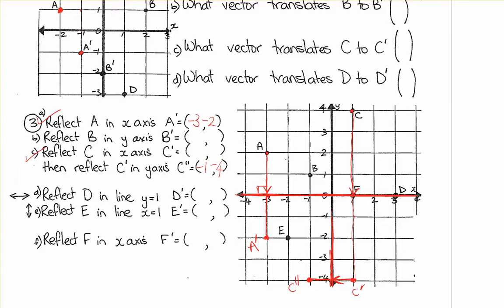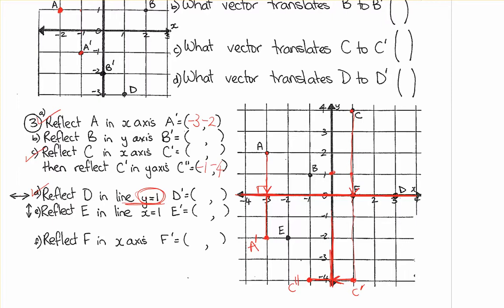Now once we get down to these ones here, we're reflecting point D, but this time we're not doing it in an axis, we're doing it in a line, the line y equals 1. So we need to think about where the line y equals 1 would be, what it would look like. There's a hint actually at the start of the question here, it is a horizontal line. The reason is because what you need to do is find 1 on the y-axis. So here's the y-axis, here is 1 on the y-axis.